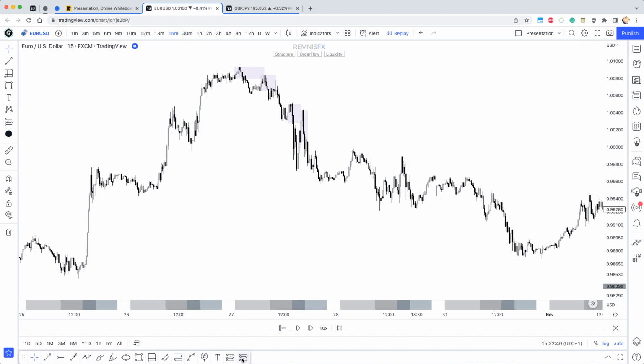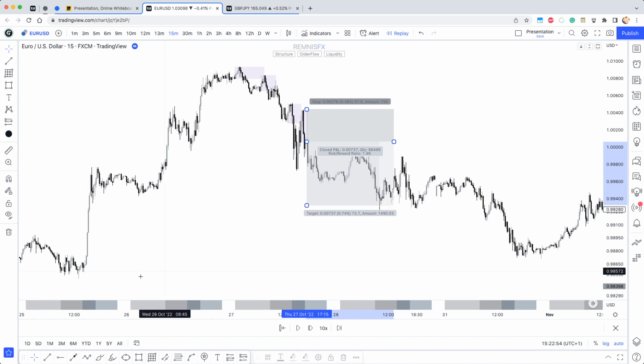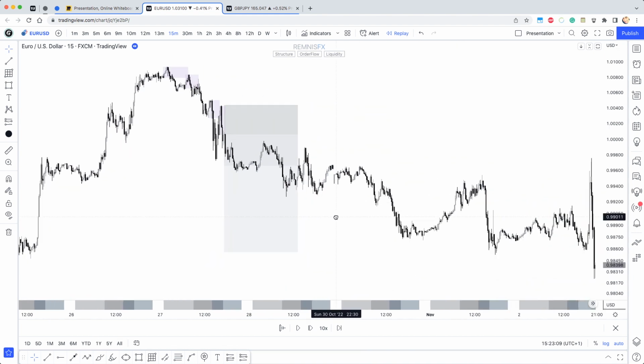Because if you would be very conservative, you could have done something like this, okay? But look at the stop loss, like 37 pips, and perhaps you could, let's have a look here, this area, I see here an equal low, I believe, so something like that perhaps, let's have a look.